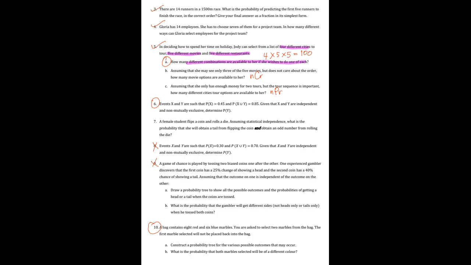Okay, so it says to you events X and Y are such that. So you have 2 events, X and Y. It's such that the probability of X is 0.45 and the probability of X or Y, remember that symbol that looks like a U, like the letter U, it symbolizes or.